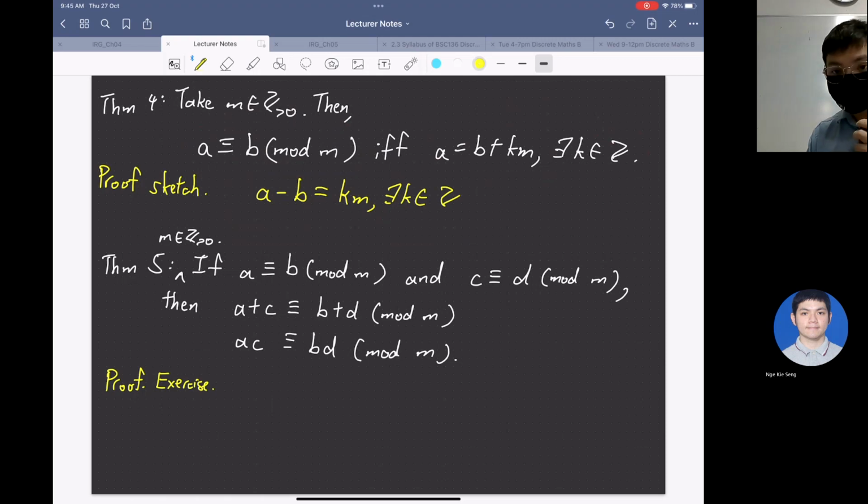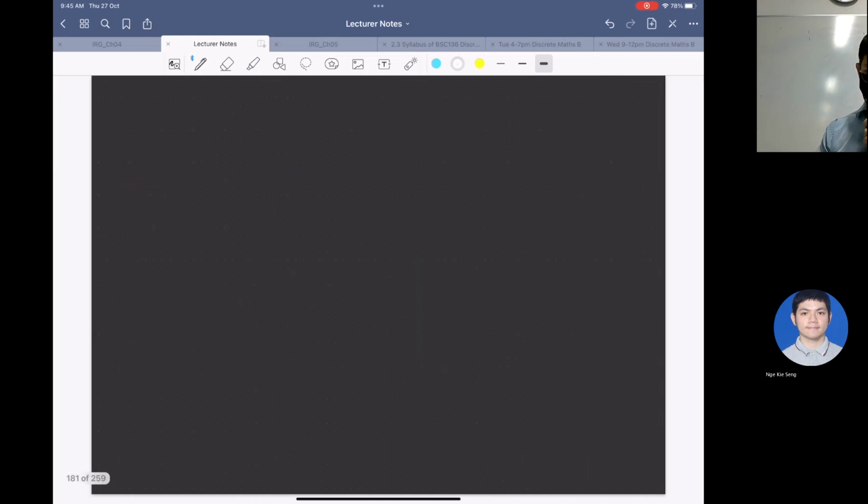Why do I introduce this? Maybe we go to the corollary first, and then we'll talk about why we do all this. So what we achieve now is, if you take A plus B and take the remainder, we talk about equality in numbers.